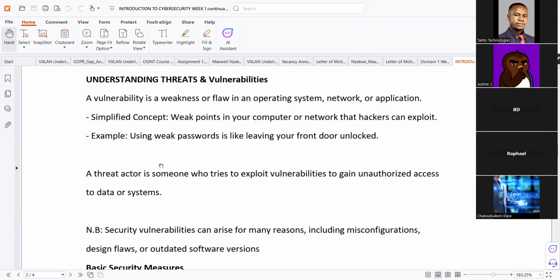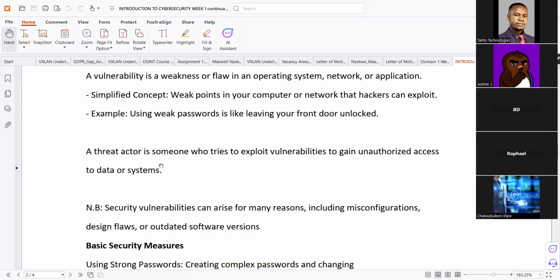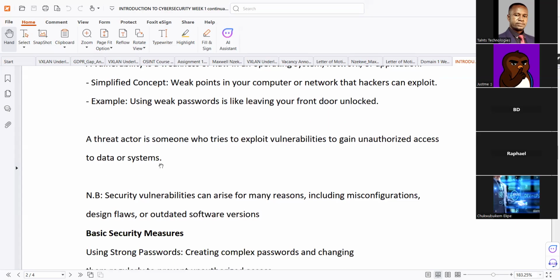Okay, so now I have listed some vulnerabilities and I mentioned misconfiguration, design flaws, outdated software versions. So what do you do to make sure these things I mentioned are checked? When you look at outdated software versions, you patch the software, update it. Updating the software is called patch.